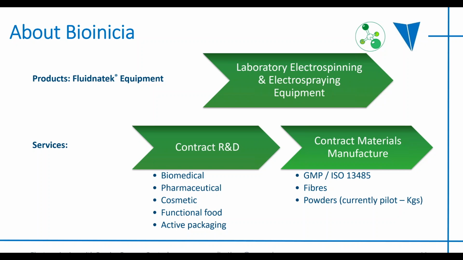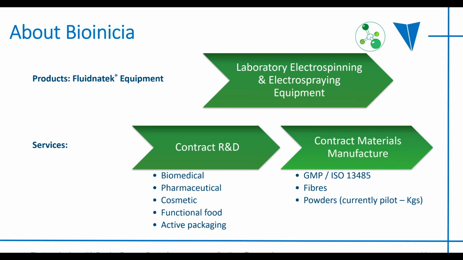The first is the FluidNet equipment range, which is a range of electrospinning and electrospraying equipment covering laboratory benchtop equipment up to what we'd class as pilot scale or pre-production equipment. Then we have services for contract R&D, so developing products on behalf of our clients, and we have particular expertise in development of products for biomedical, pharmaceutical, cosmetic, functional food and active packaging.